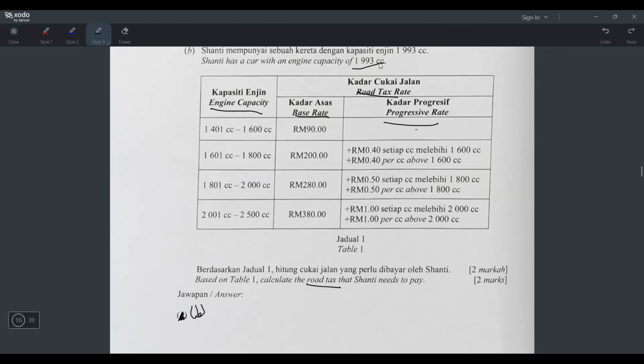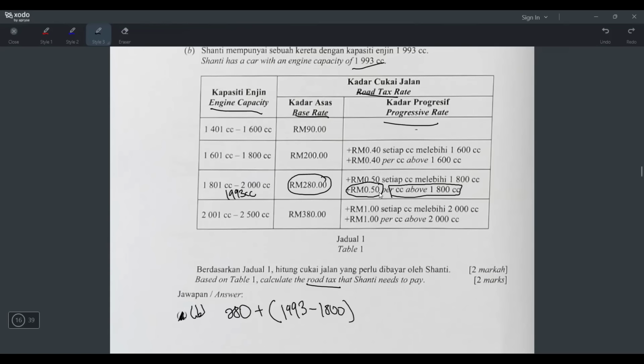We just look at the CC 1993, and then we take out which bracket it belongs to: 1800 until 2000. So the base rate, we have to take 280, plus the progressive rate, that's the balance. The balance is 50 cents for every CC above 1800. So we take the total CC minus 1800 to get the difference first.